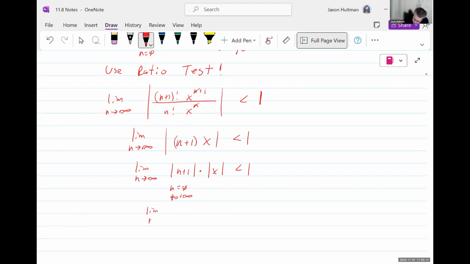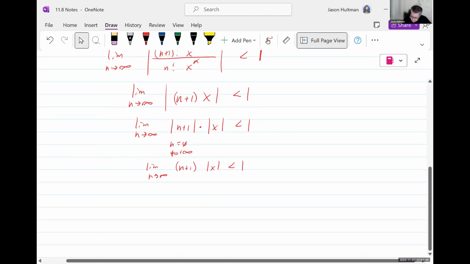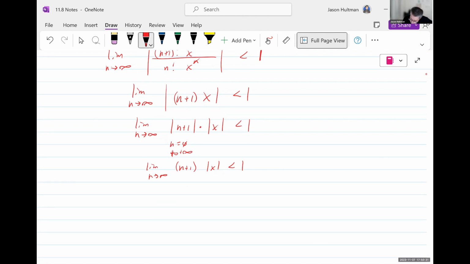We have the limit as n goes to infinity of n plus 1 times the absolute value of x is less than 1. Now, this thing, n plus 1, goes to infinity. And so you might think, well, this will go to infinity regardless of what x is. And that would be correct, except for one value of x.